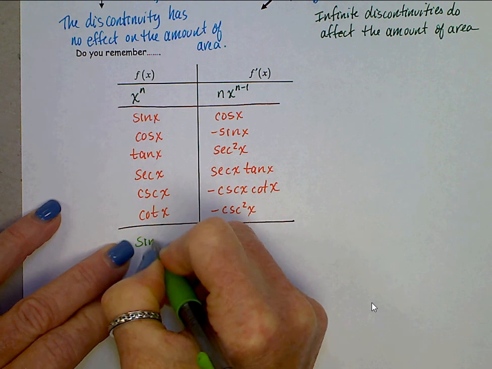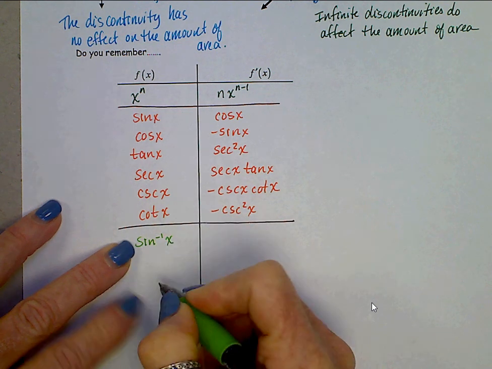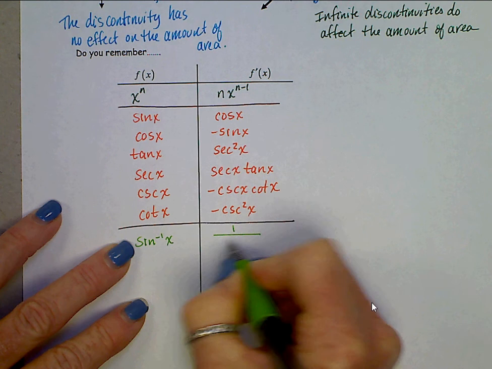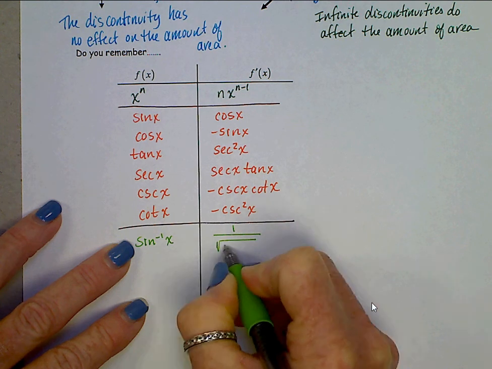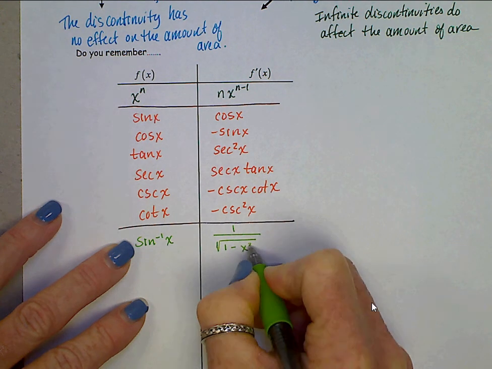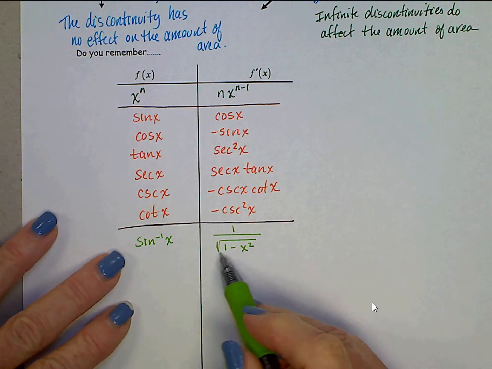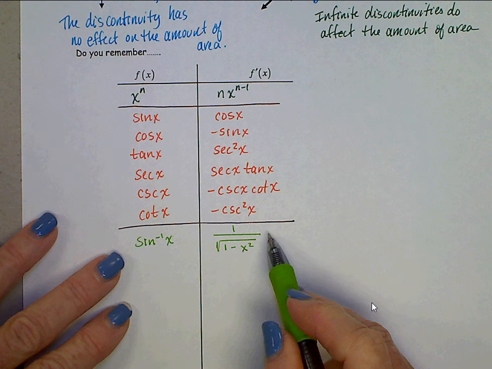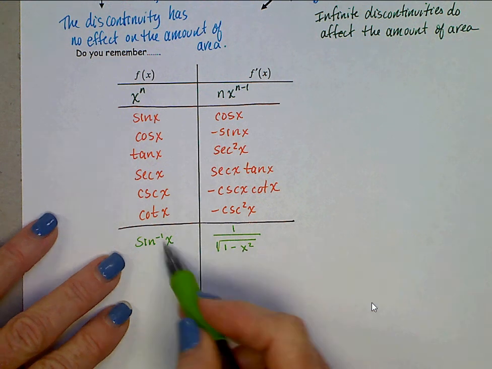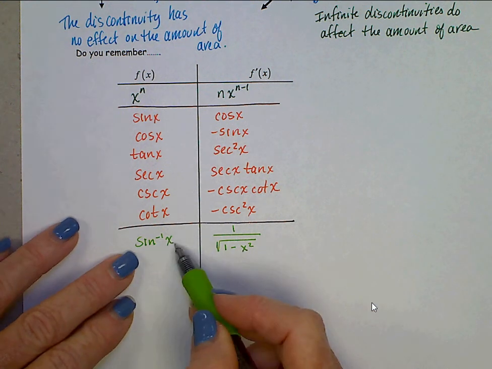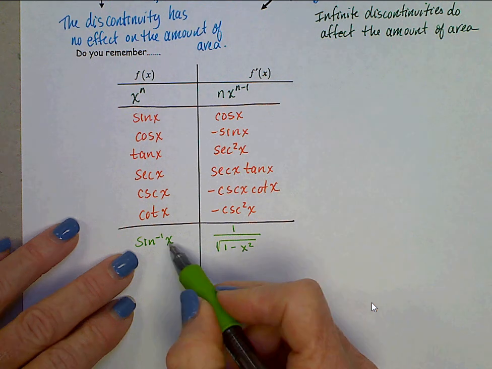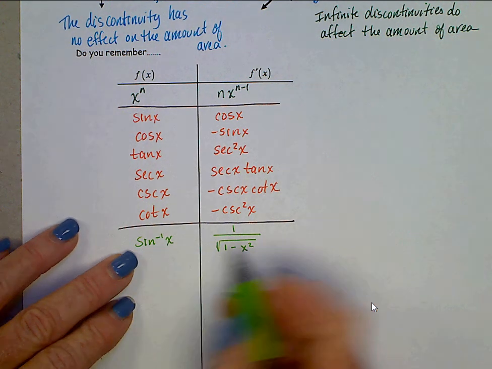The derivative of inverse sine was 1 over the square root of 1 minus x squared. Again, you probably memorized that as 1 over the square root of 1 minus u squared, but then times the derivative of the u. Well, there is no u here, or you can think about it as times the derivative of this x, which is 1.